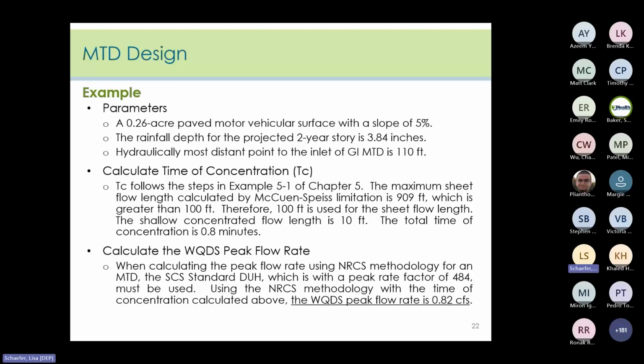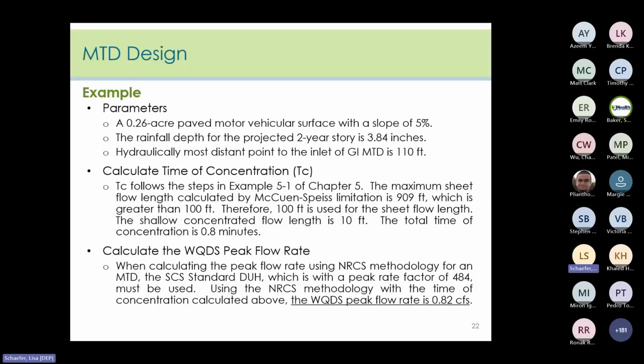All right, now we're also going to use the SCS standard dimensionless unit hydrograph with a shape factor of 484. And you'll see that on page 27 of chapter 5 in the manual. And with all of this together, the modeling software calculates the peak flow rate for the water quality design storm is 0.82 cubic feet per second. Now, the next step would be to determine the size of the MTD.